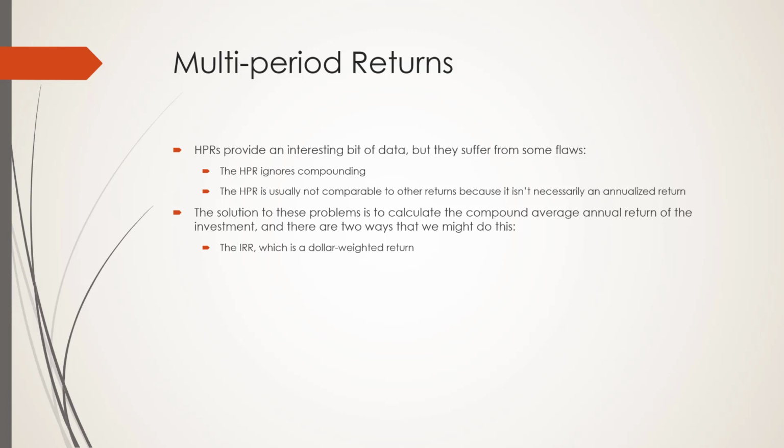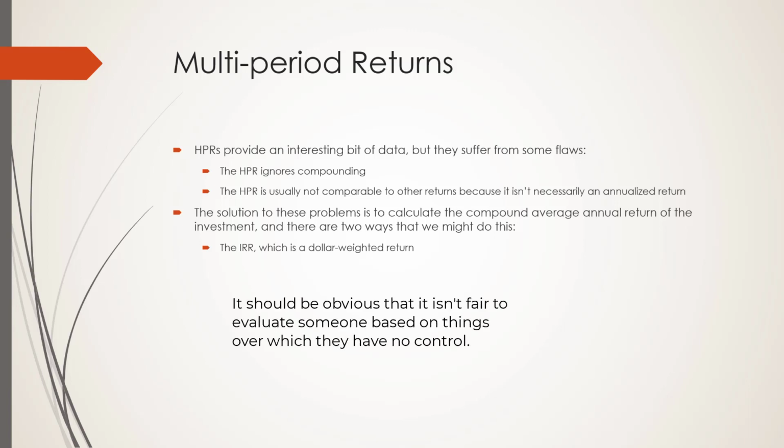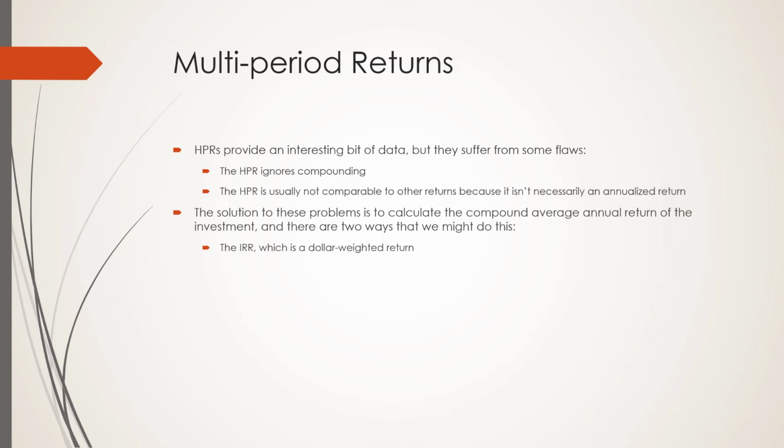If you get a bunch of cash flows early and then you do poorly, you get a low IRR. And then vice versa if those cash flows come late. So when the cash flows occur has a big impact on the result. So IRRs should only be used to evaluate a portfolio manager that has complete control over cash inflows and outflows. And that's usually not the case.